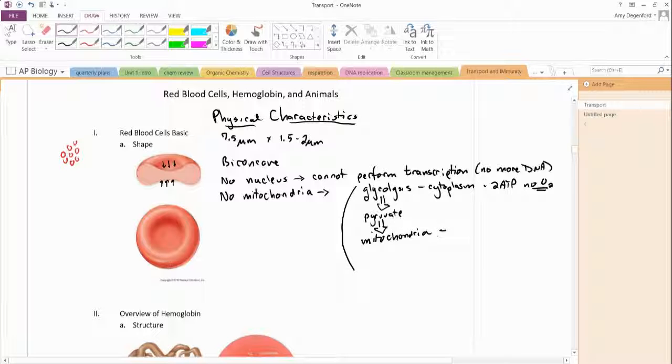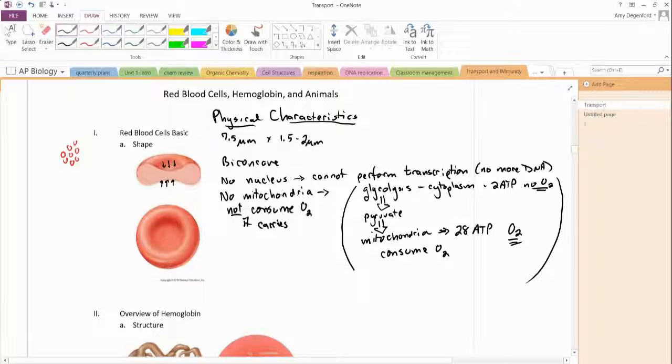So even though we might be able to get that wonderful 28 to 30 ATP from the rest of this process, the problem is it requires oxygen, and that would consume the oxygen that the red blood cell is carrying. So without mitochondria, it will not consume the oxygen that it carries.